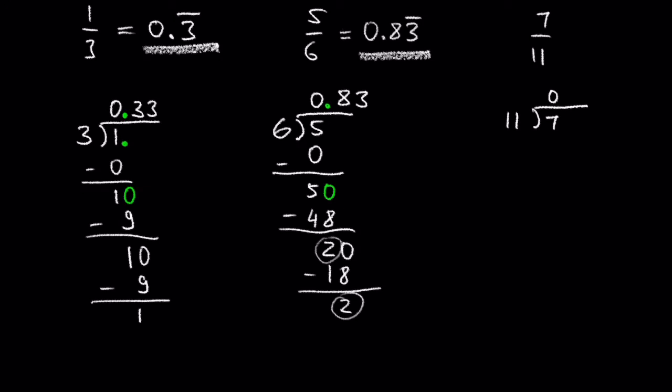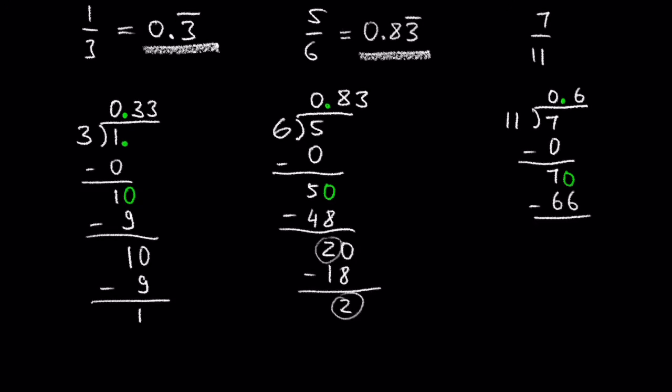0 times 11 is 0. Subtract 0 from 7 and we get 7. Bring the 0 down and put a decimal point after the 0. How many times fits the 11 in the 70? 6 times. 6 times 11 is 66.